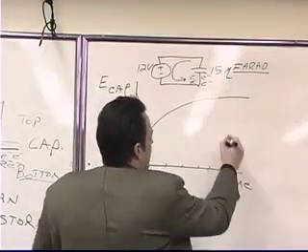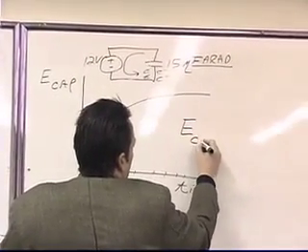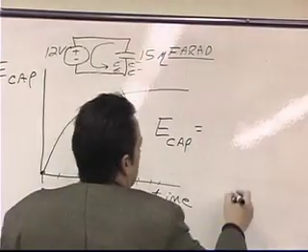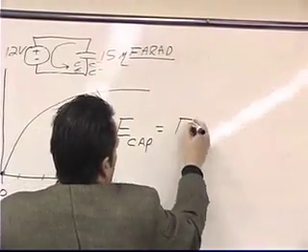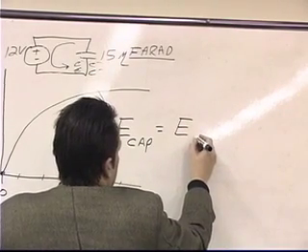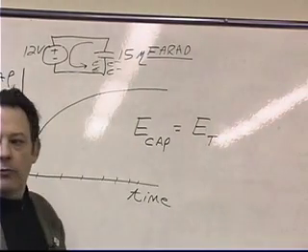Okay? The voltage across the capacitor would be equal to whatever the voltage of the battery is. We'll call this the total voltage, or our book likes to call that the total voltage.